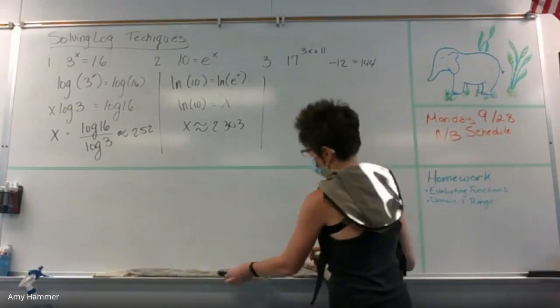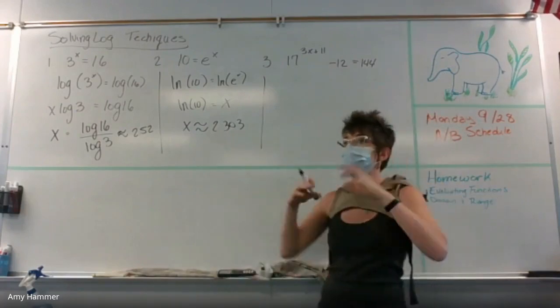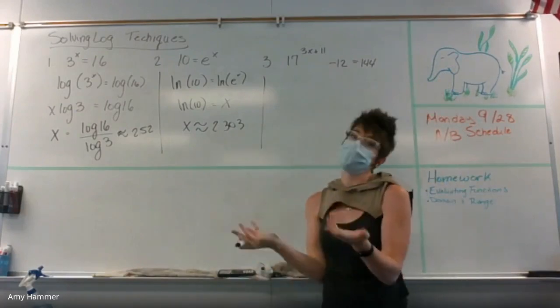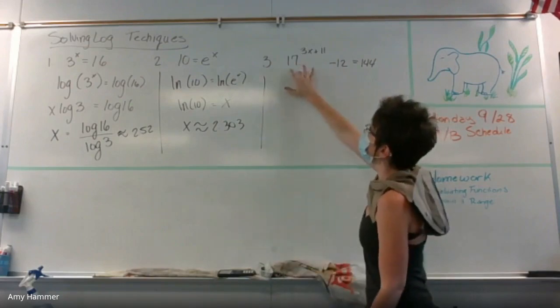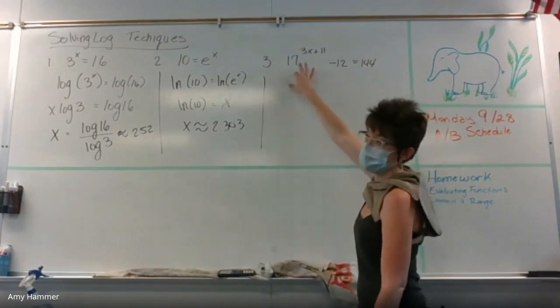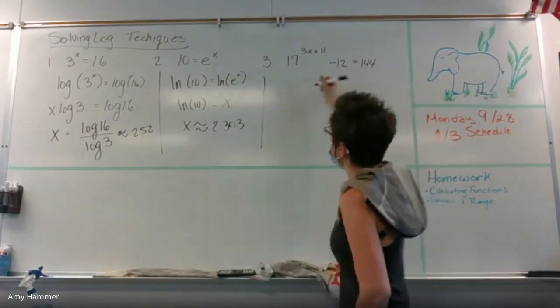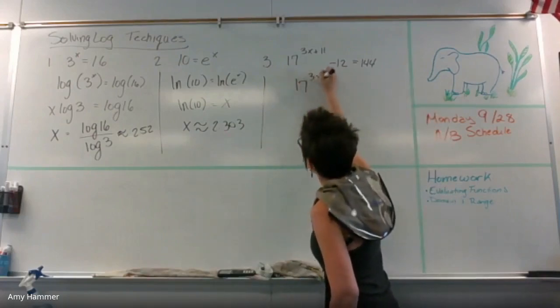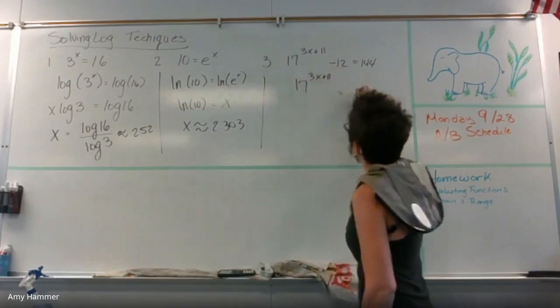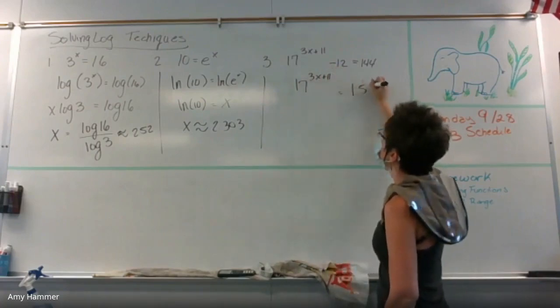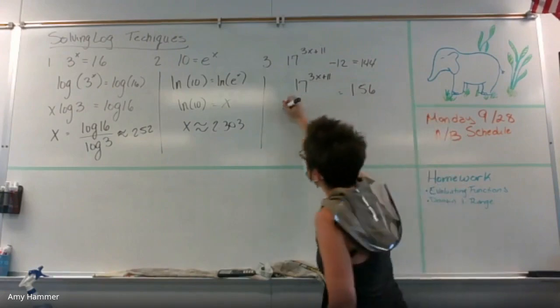This next one, I can't just take a log of both sides yet, because I need to isolate the exponential portion of this problem and then go. So I'm going to start by adding 12 to the other side. 156? Okay, and then take the log of both sides.